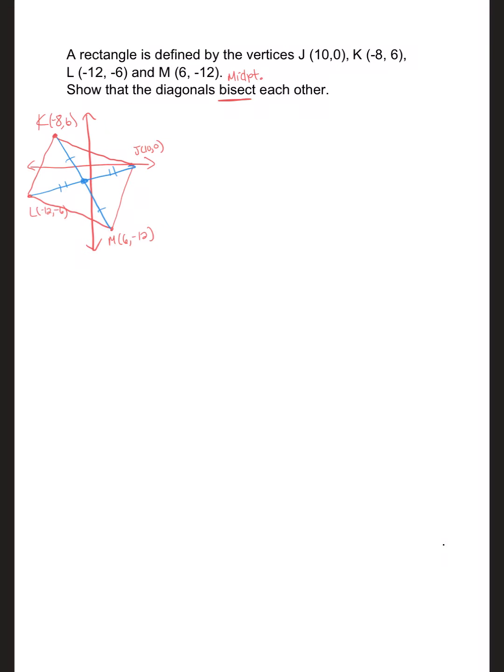If we find their midpoint and the midpoints are the same, then that means that's a point that falls on both line JL and line KM, right? So if it falls on both those lines, then we can assume it's where they intersect each other because they only cross in one spot. So if they cross in a point that's the same, then we can conclude that is in fact their point of intersection. And if that point of intersection is the same as both midpoints, then that shows the diagonals bisect each other.